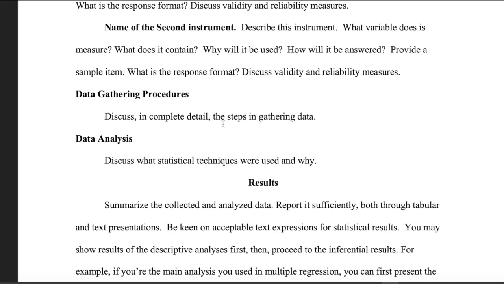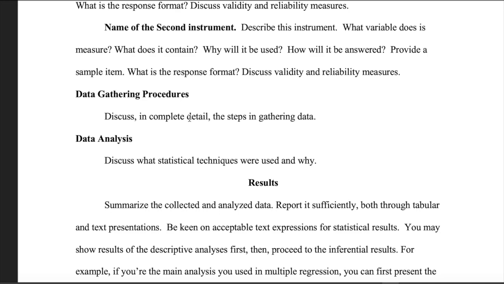If you think that the reader can sufficiently replicate your study, then you have succeeded in presenting a well detailed data gathering procedure.